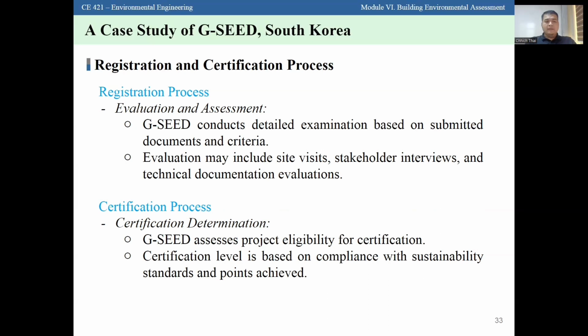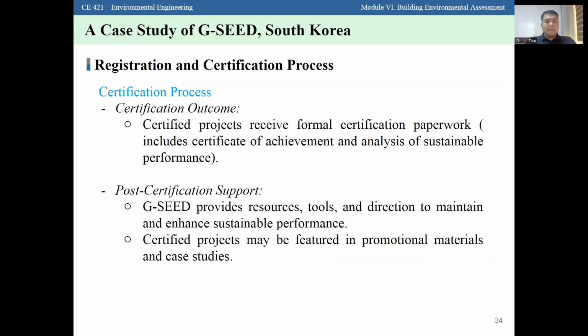After the evaluation and assessment, we move on to the certification process, where GSEED determines the project's eligibility for certification based on compliance with sustainability standards and points credited.